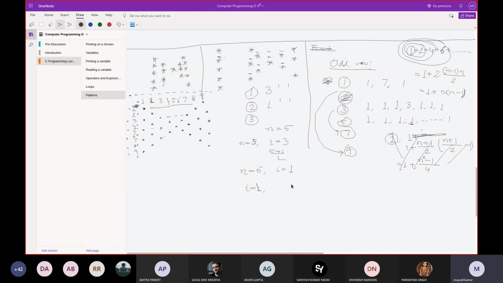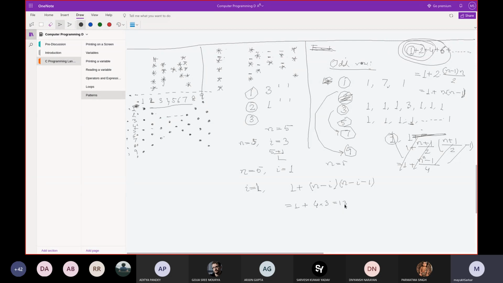And will it work? N minus i minus 1. Value of n is 5. 1 plus 4 into 3.